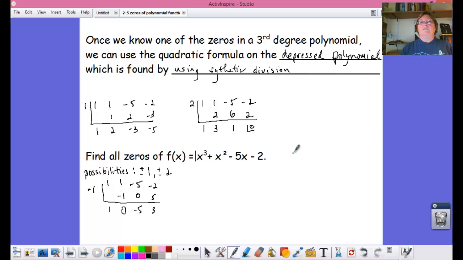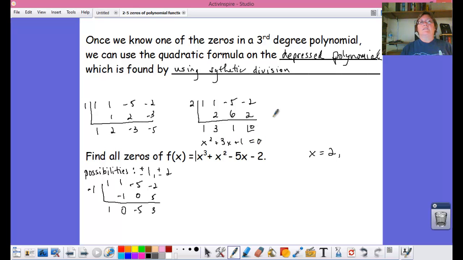Okay, so we know for sure that one of our roots is 2. Now we have to find the other 2 by either factoring or quadratic formula with the depressed polynomial, which is, remember you were to a third power here, so this is the coefficient of a second power term. X squared plus 3x plus 1 is our depressed polynomial.